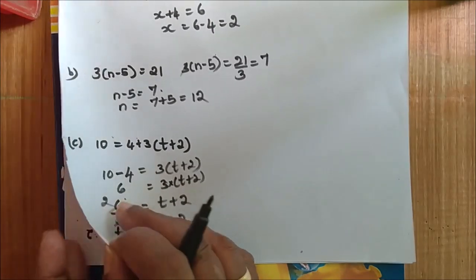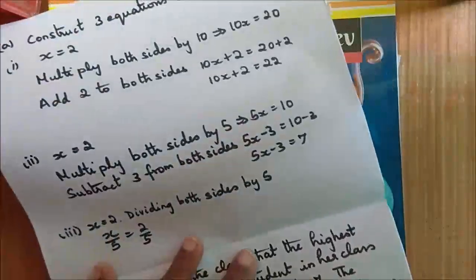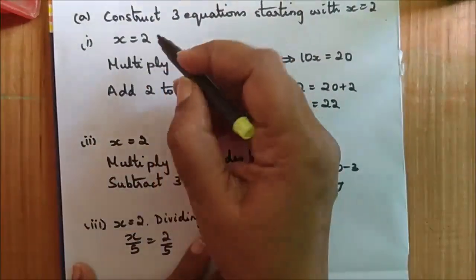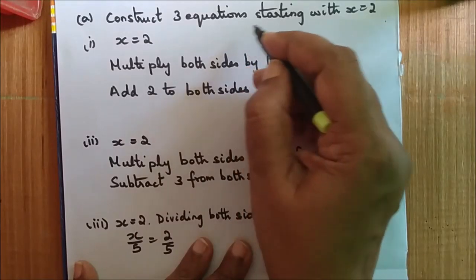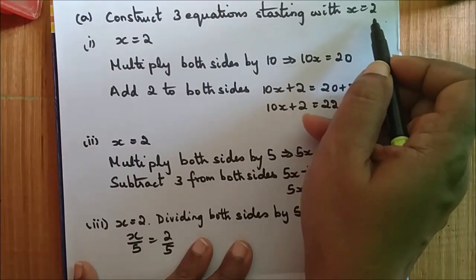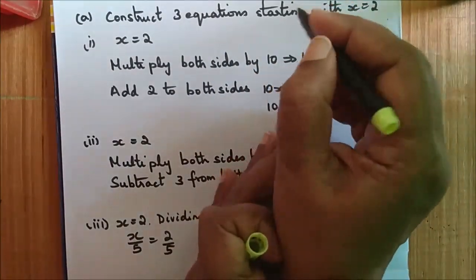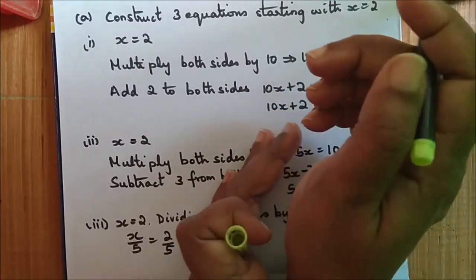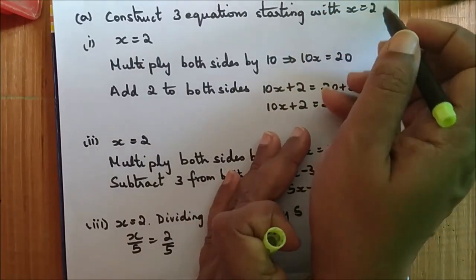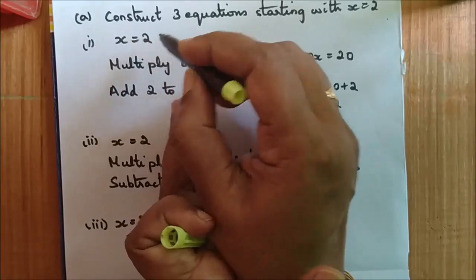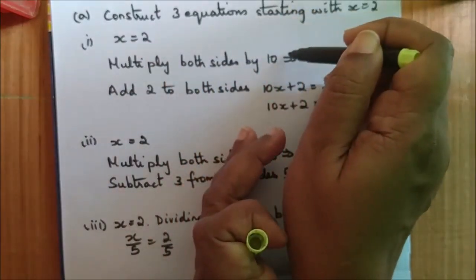Now we will see some more problems. We are given: construct 3 equations starting with x equals 2. So we have to form equations given that x is equal to 2. First, what we will do is multiply both the sides by 10.